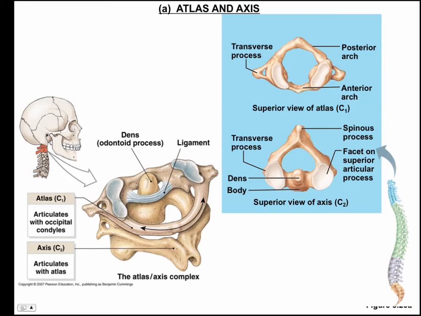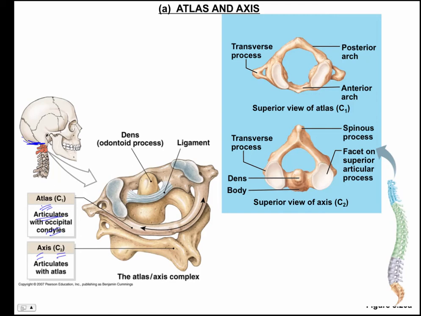Now, the very first two have different terminology for the cervical region, and it's the atlas and the axis. So C1 is the atlas, and C2 is the axis. And so C1 is going to articulate or be in contact with the occipital condyle, meaning that connection at the very base of our occipital bone.